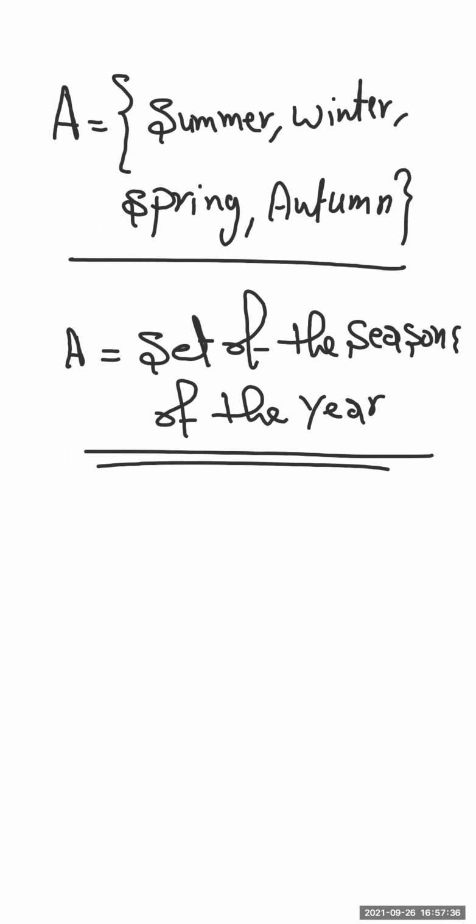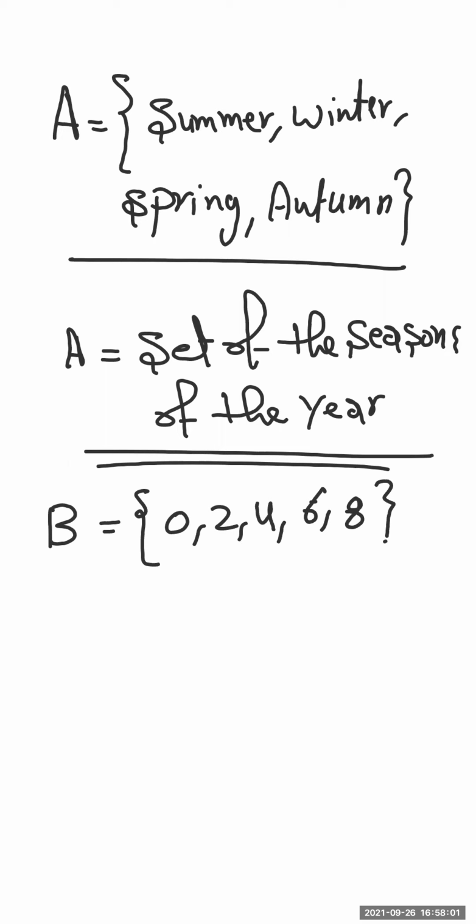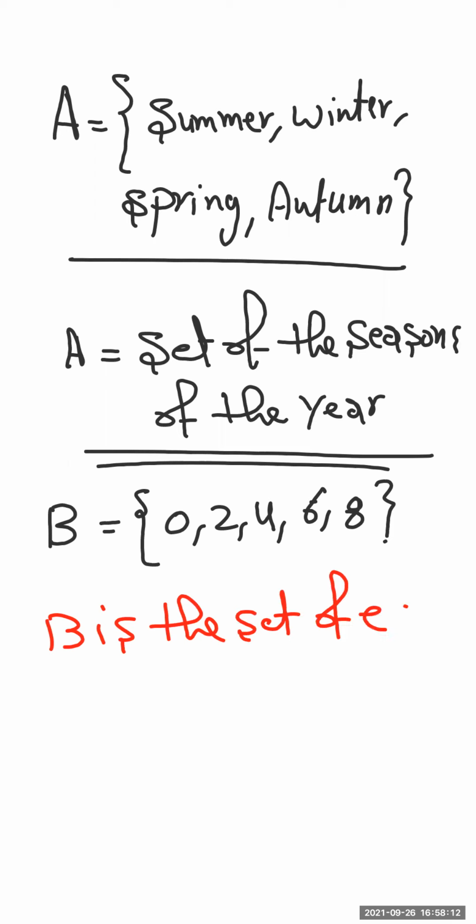Okay, so if it will be like this, B equals the set of numbers 2, 4, 6, 8. I will add one number also here: 0, 2, 4, 6, and 8. So in this case, guys, how do we describe this one? We can say that B is the set of even numbers, very good.